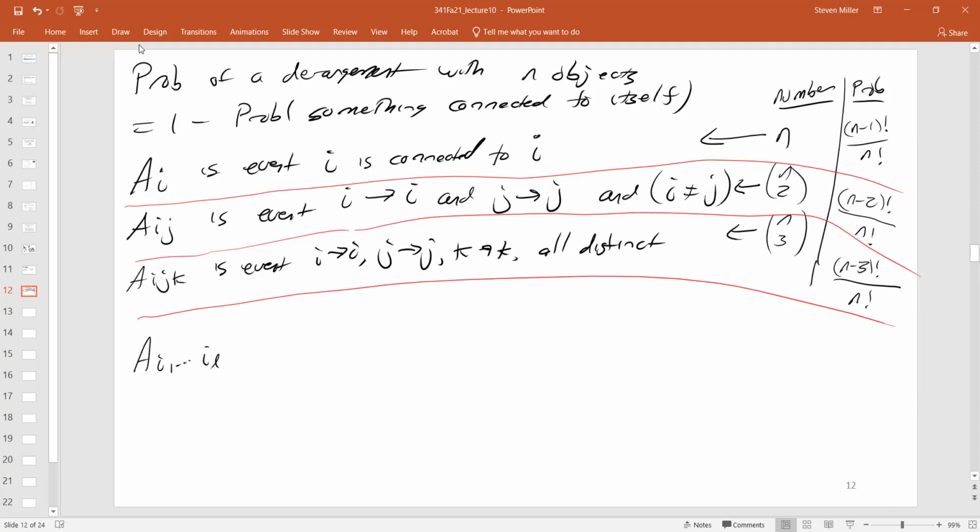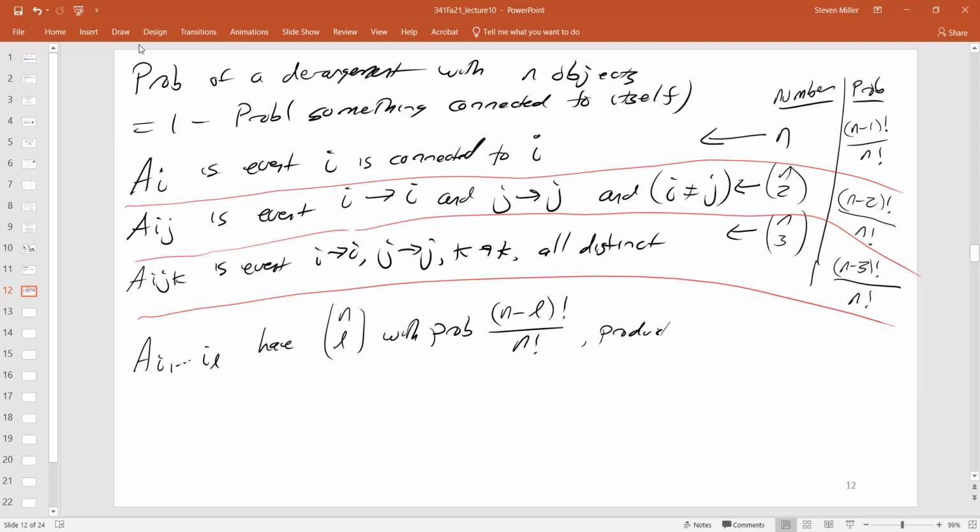So if I give you I1 to IL, we have n choose L times the probability n minus L factorial over n factorial.